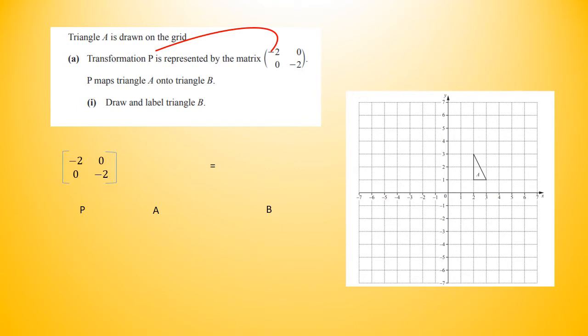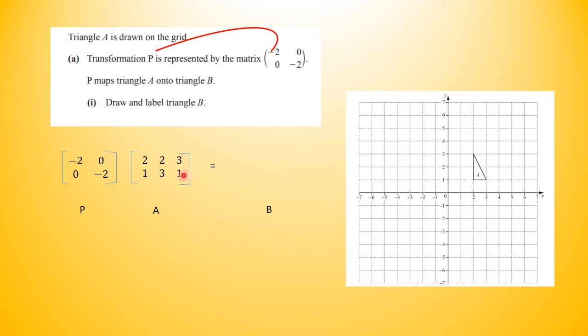So the first thing is we write down the transformation matrix, which is -2, 0, 0, -2. And then let's write down the coordinates of triangle A in XY form, which is 2, 1, then 2, 3, and then 3, 1.